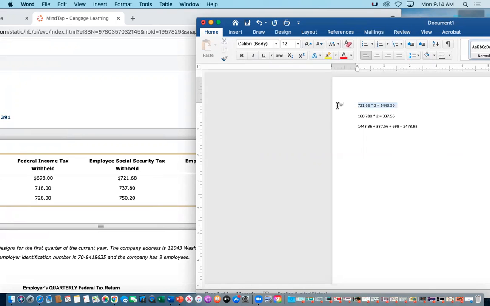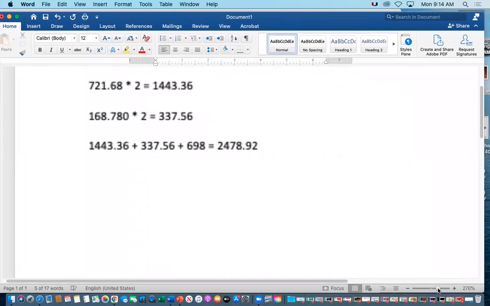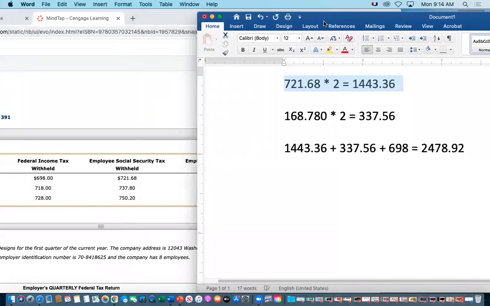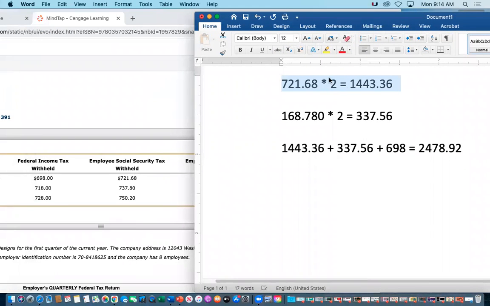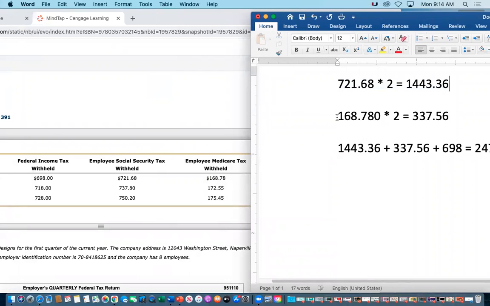This is the Social Security employee and employer. And I guess I should blow that up so you can actually see it and make it worthwhile. This is the Social Security number of the employee. We have to multiply it by 2 for the employer. This is the number for Medicare.